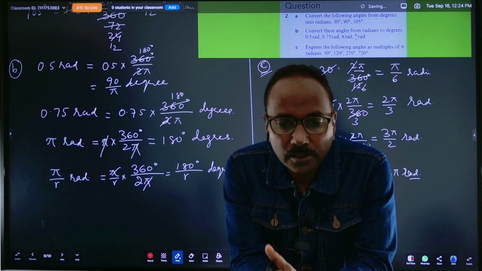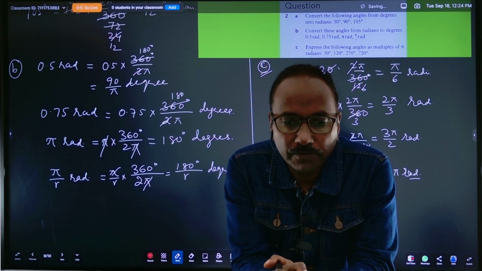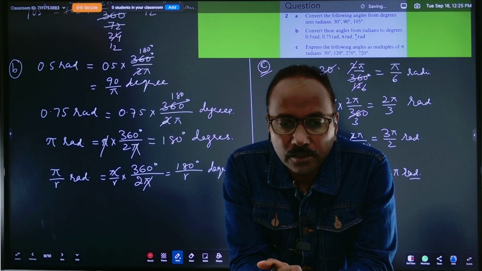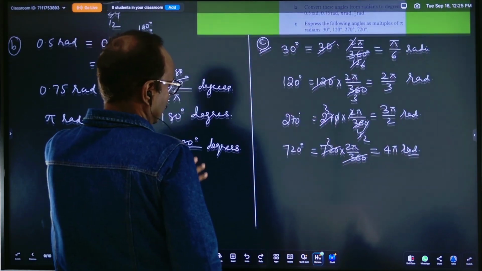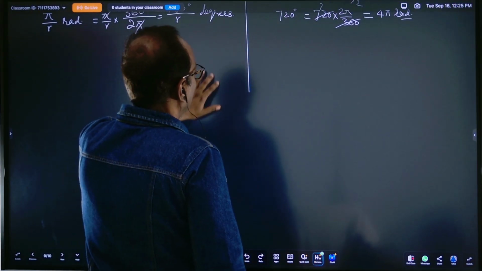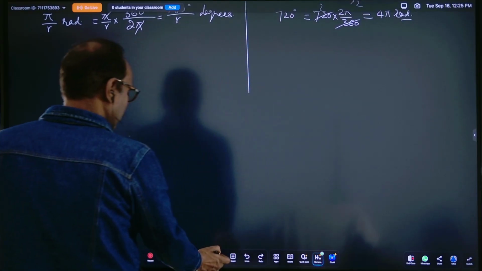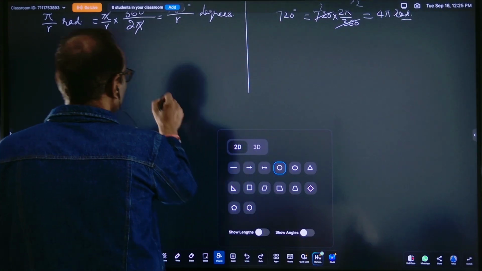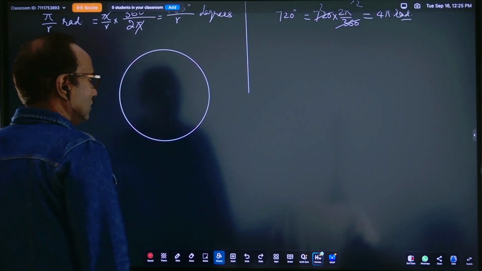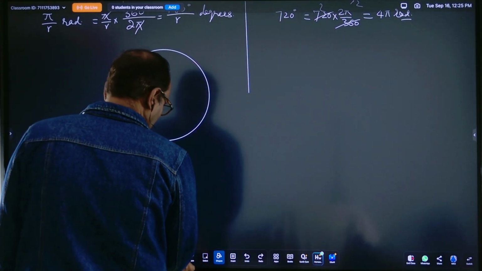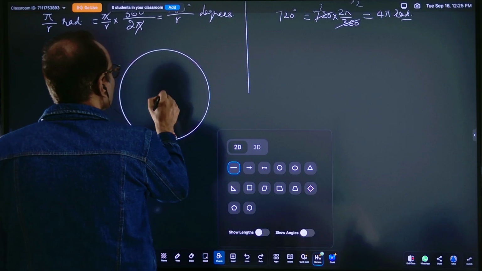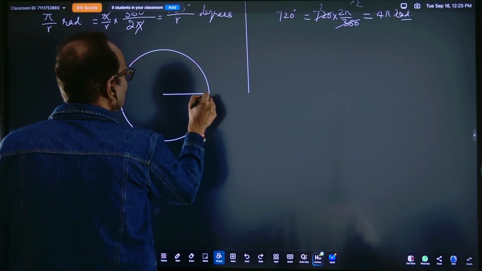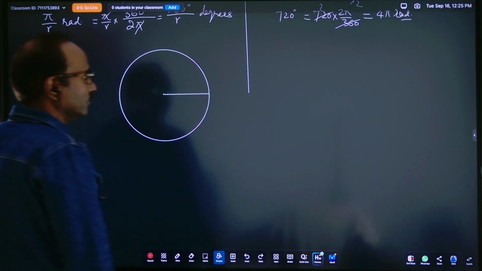If you go further deep into the definition of radian.